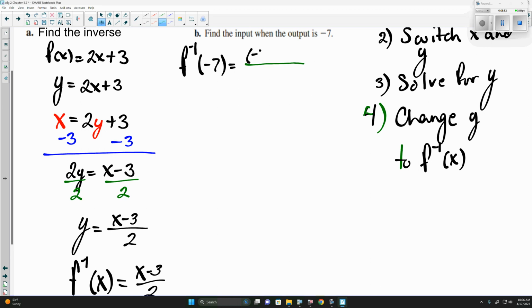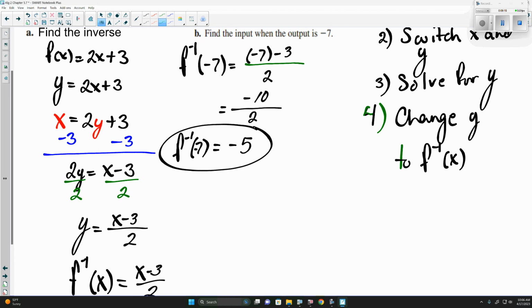So we can say (-7 minus 3) divided by 2. Well, -7 minus 3 is -10. And -10 divided by 2 is -5. So f inverse of -7 is -5.